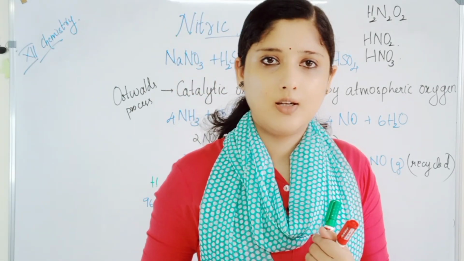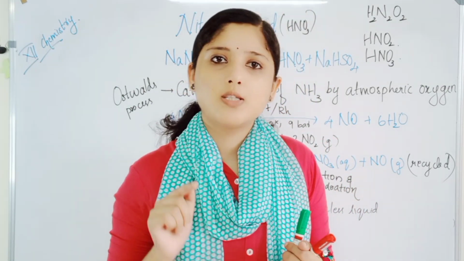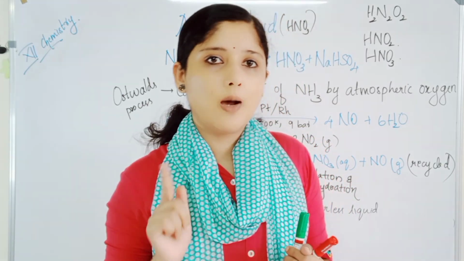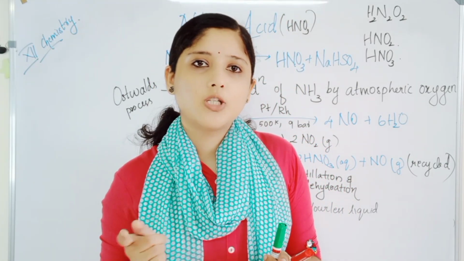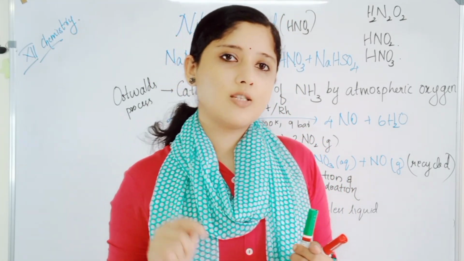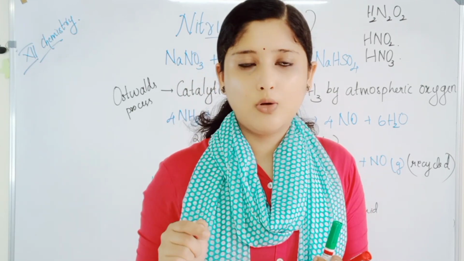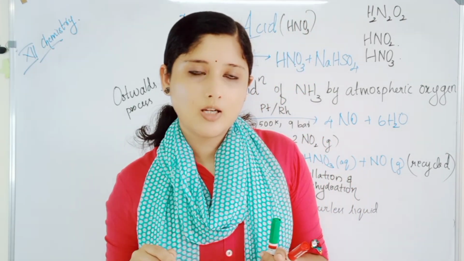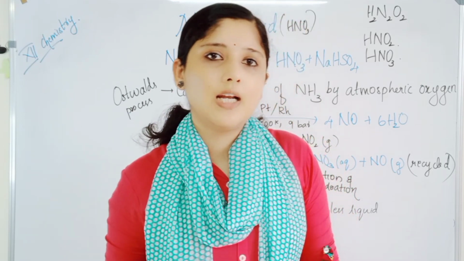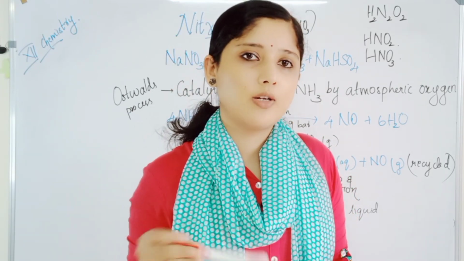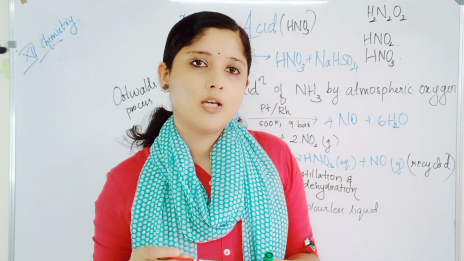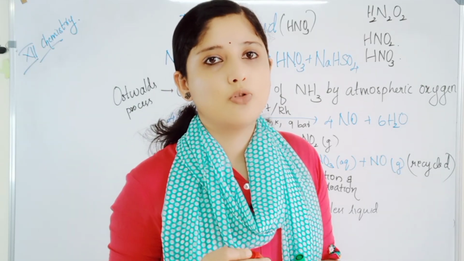Nitric acid. And its preparation we studied. What is that? From ammonia. The commercial preparation of nitric acid is mainly from ammonia, we studied it, isn't it? Now we are going to study in detail the preparation of nitric acid, properties, the structure of nitric acid, and also the uses.